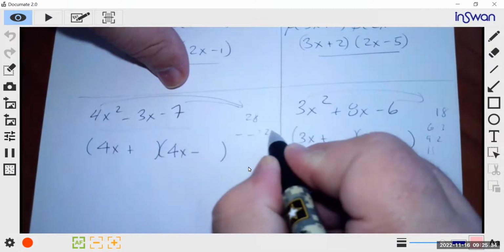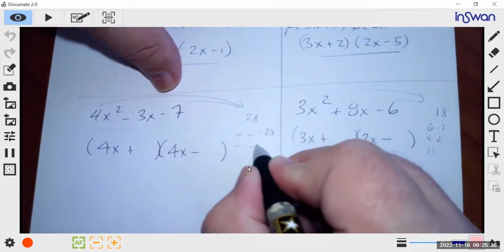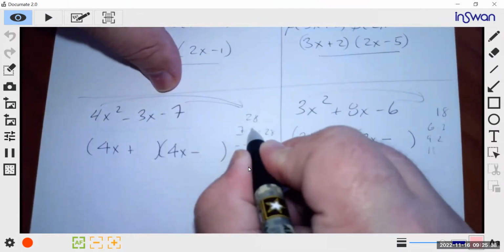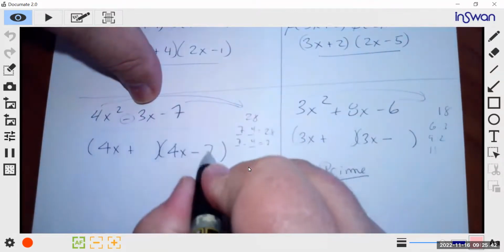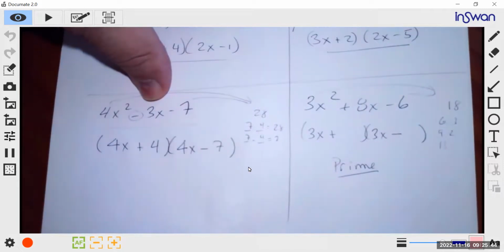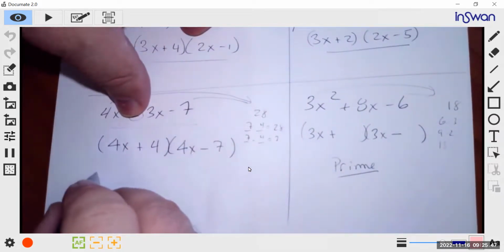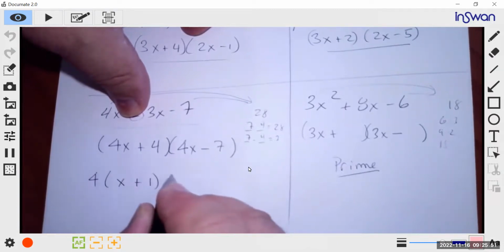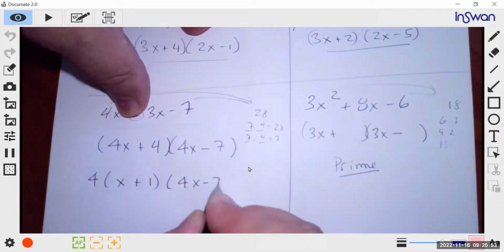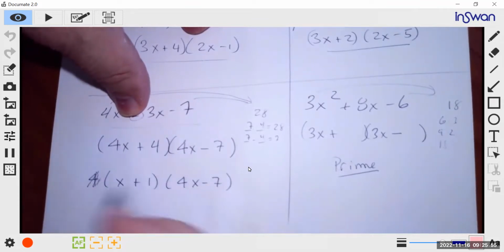When you subtract them, you get 3. Yeah, 7 times 4, 7 minus 4. Since it's a minus, so 7 goes there. Factor out of 4 of the first one. And there's your answer.